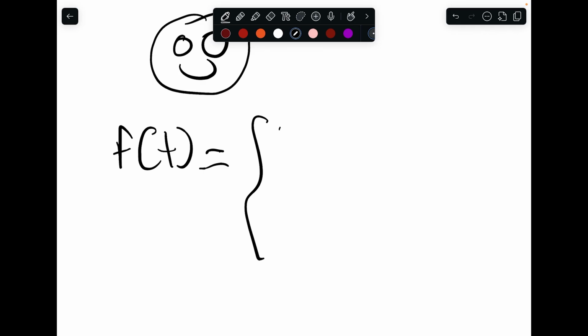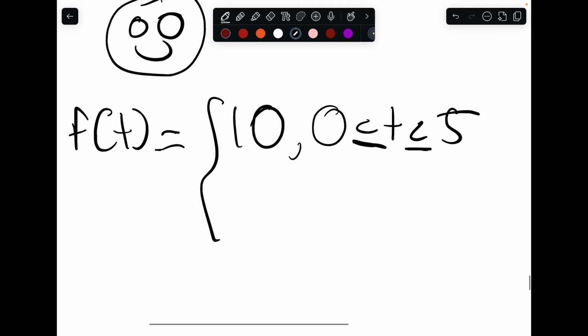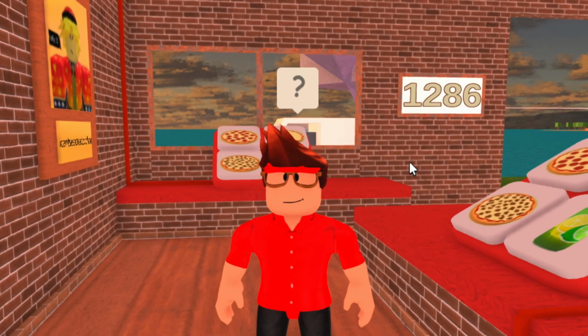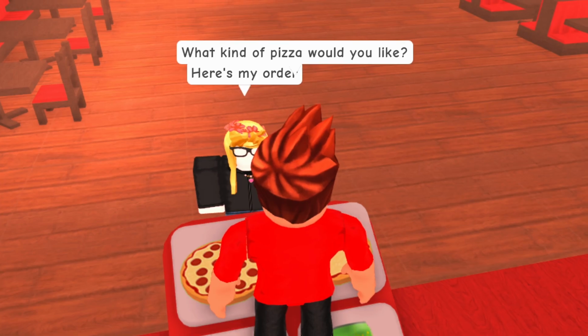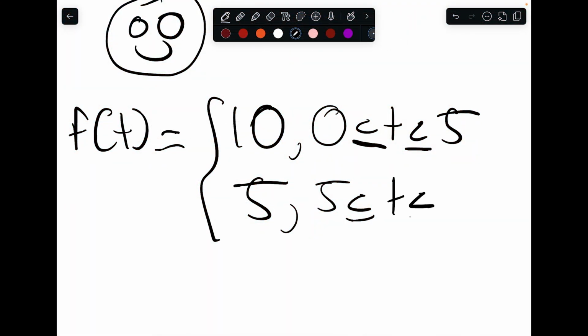So this would equal 10 orders per hour when t is between when it opens and halftime. However, check this out. It goes down to 5 when a human cashier comes, and he works until the store closes, which is 9 hours.